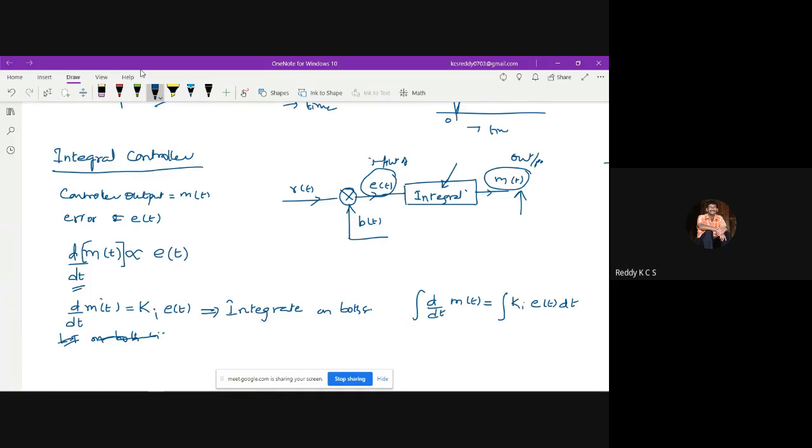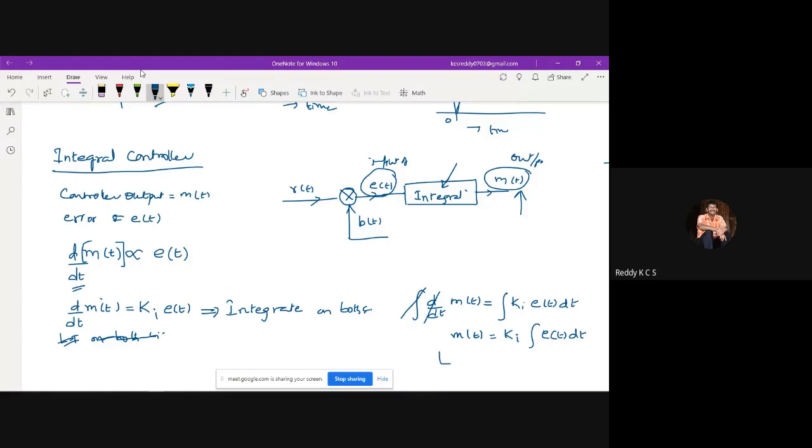Integration and differentiation are inverse operations, so this cancels out, and m of t equals ki, a constant, times the integral of e of t dt. Now we apply the Laplace transformation on both sides.